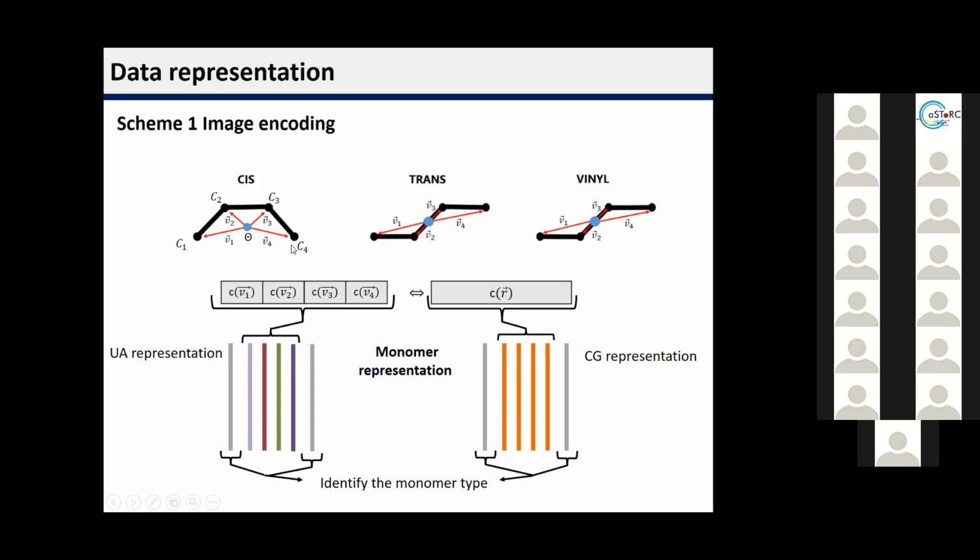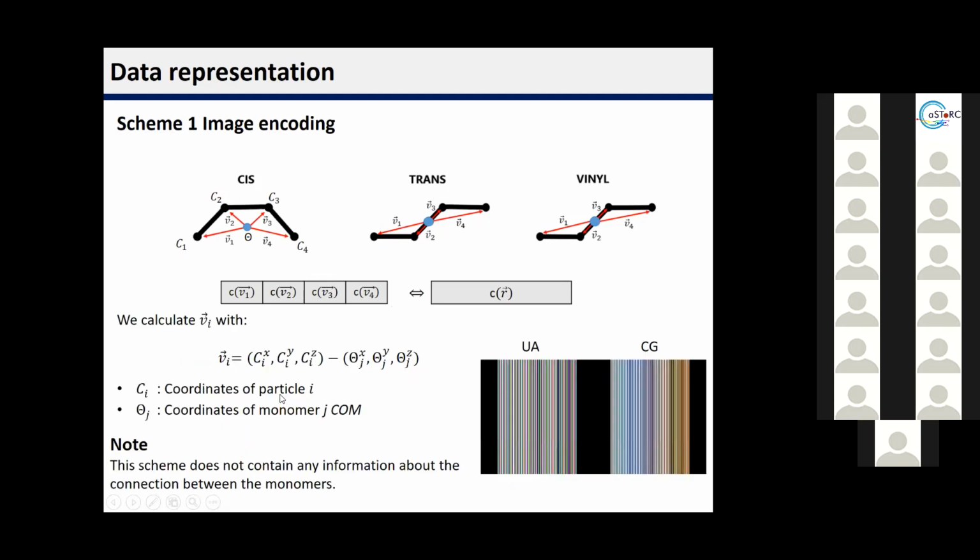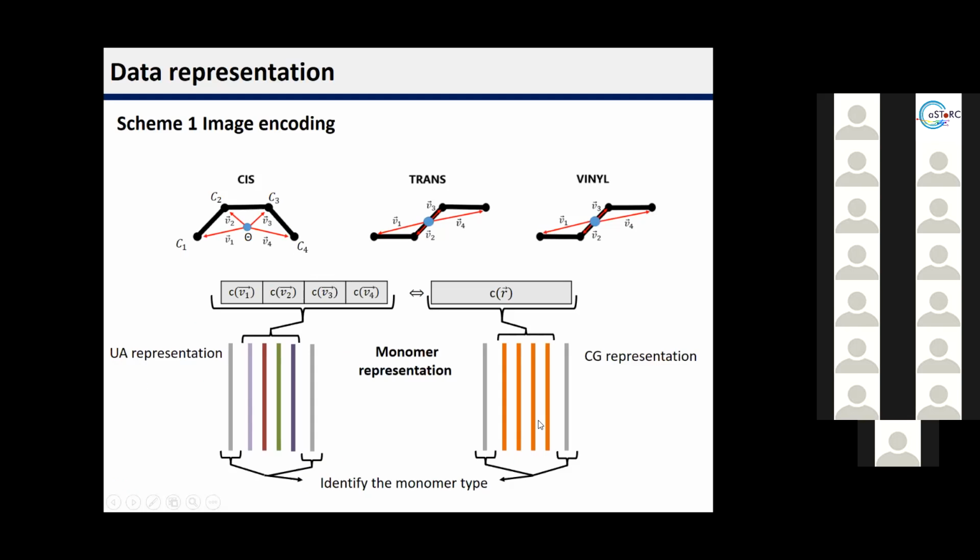Okay, so we put this information inside the images we have here, but we place a unique color stripe before and a unique color stripe after every monomer representation in order to be able to identify the different monomer types.